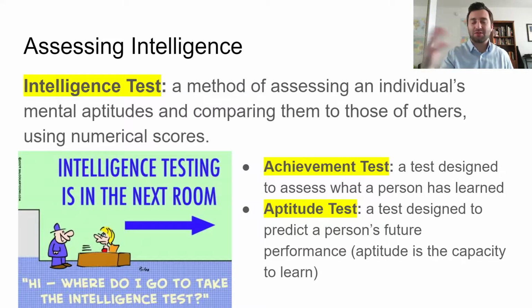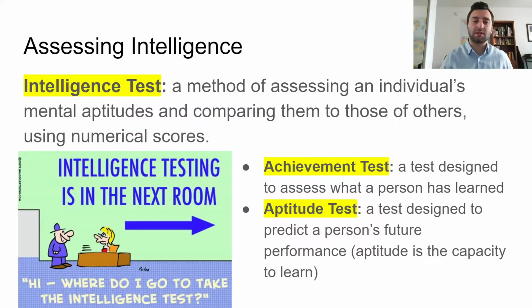Otherwise, it's really arbitrary what the difference is. So it's a way of looking at intelligence scores and then being able to compare to other people, right? Normally it's going to spit out some sort of number at the end that we can then compare to other people. And the way it does this is going to look very different depending on what you're using. But in the end, you're usually going to get some sort of score.